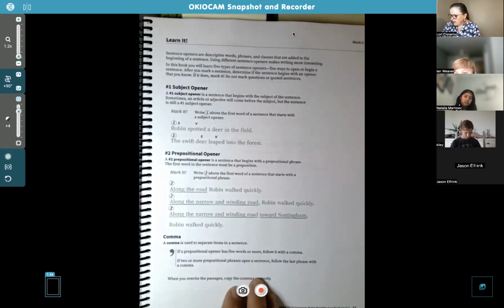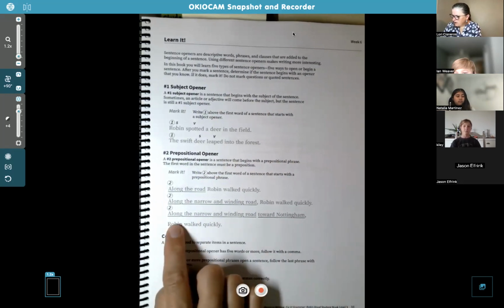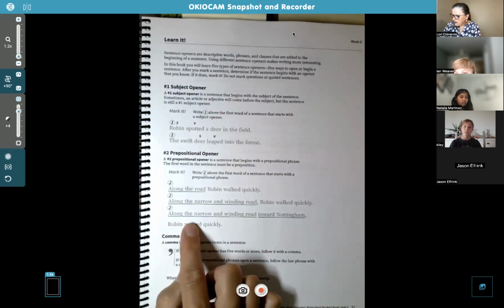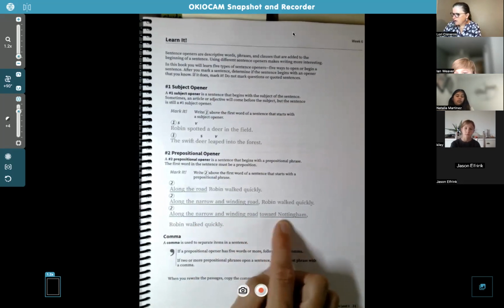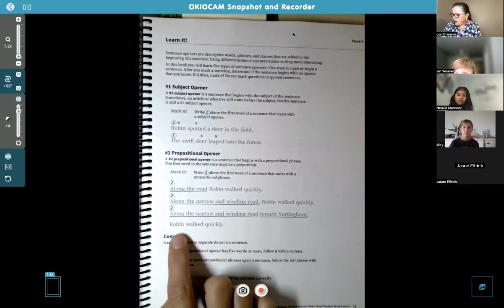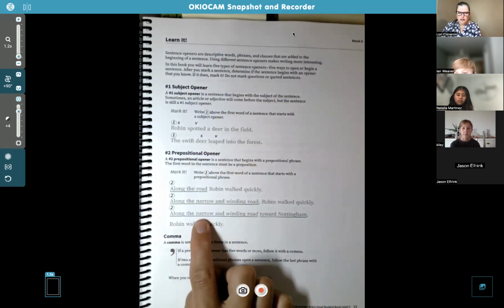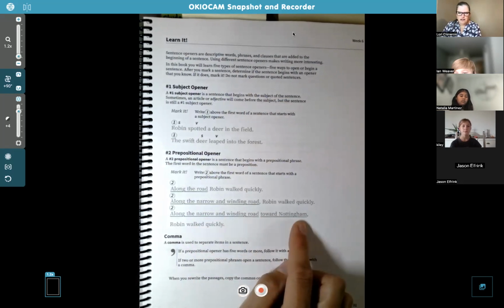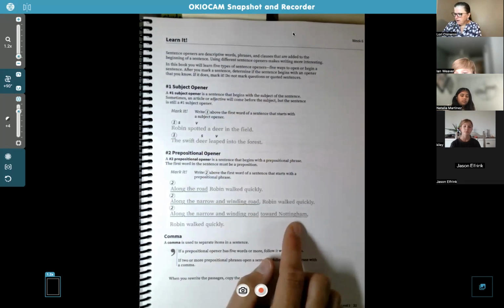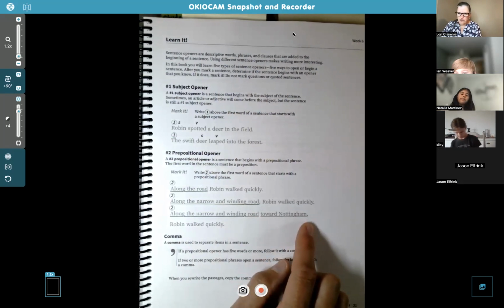Okay, this next example says, "Along the narrow and winding road toward Nottingham, Robin walked quickly." Notice there's two prepositional phrases together, back to back, and then you use a comma after the second one.